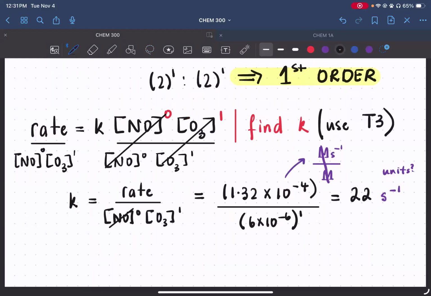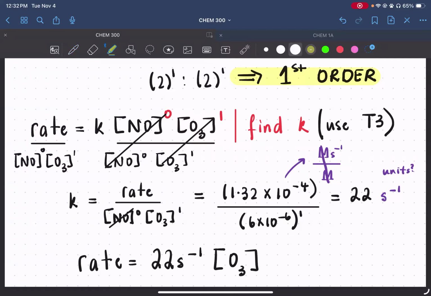Our final answer is rate is equal to 22 per second times O3.